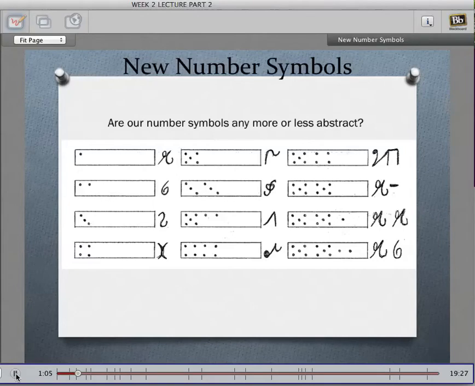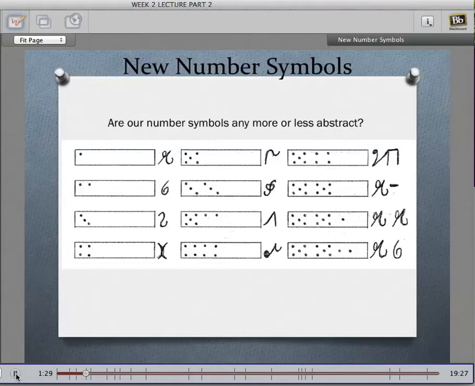Instead of the stick that we're used to using, the stick shape that represents 1, we're going to use this one. Instead of a curly little stick, we're going to use this one for 2. And you can see all these different symbols that we're going to use instead of the ones we're used to.